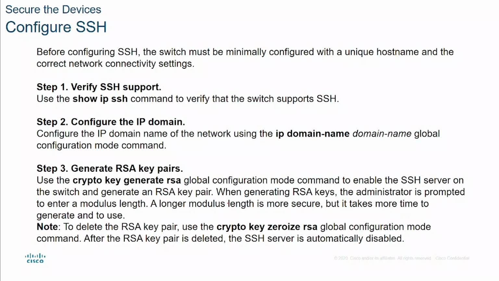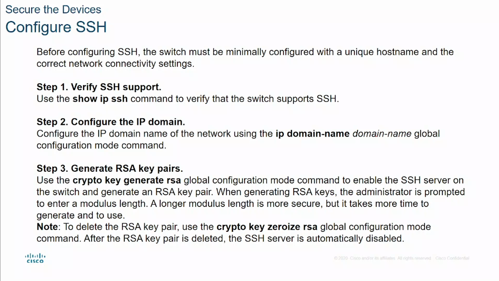The next thing is to configure the IP domain using ip domain-name, then put the domain name that you want. Next, generate the RSA key pairs. Use the crypto key generate rsa command to enable the SSH server on the switch and generate an RSA key pair.